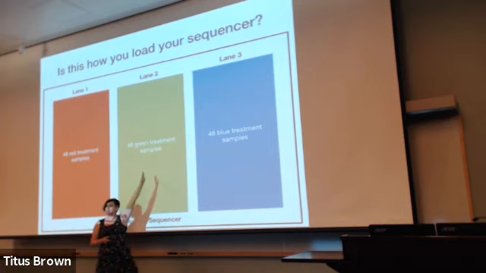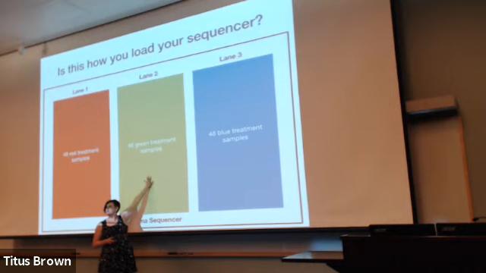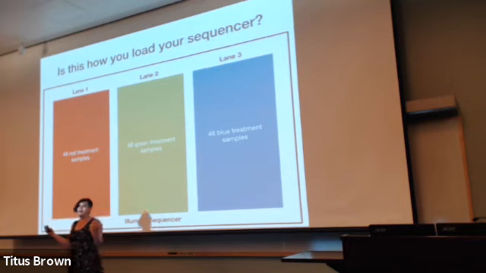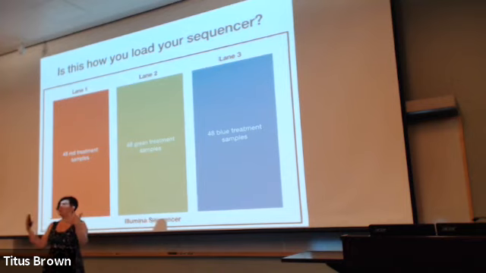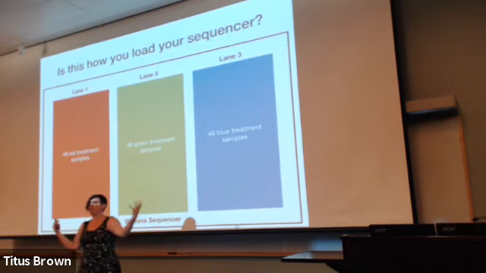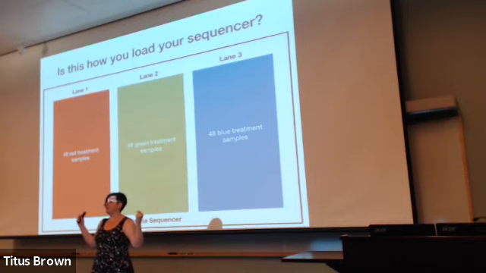This is for the exact same reason, right? Because if lane 2 fails, we're going to lose all of these samples. And the whole point of RNA-seq is to be able to compare our samples, compare how many reads we got from this one, how many reads we got from this one.